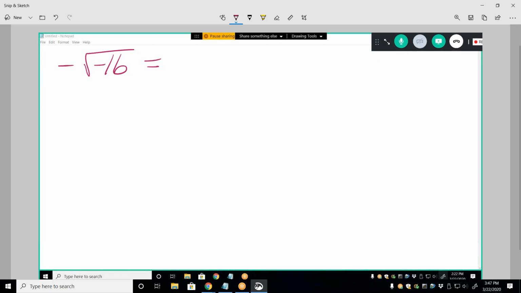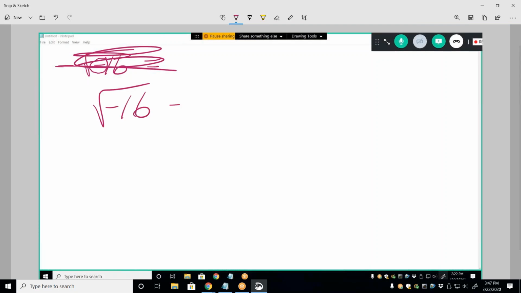That's not the part we care about, that first negative sign. The part that gives us difficulty is that one, because you cannot take the square root of a negative number without getting into imaginary numbers. So let's start with that, and then we'll add the other one in.